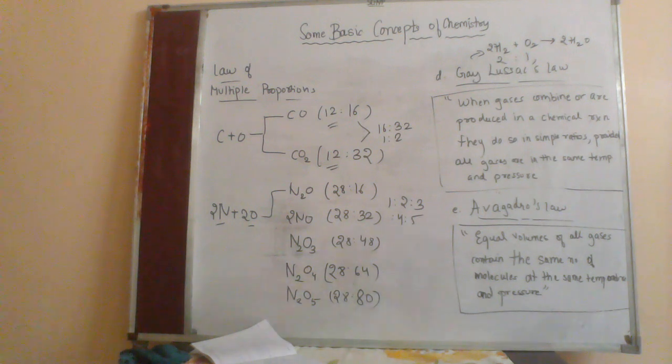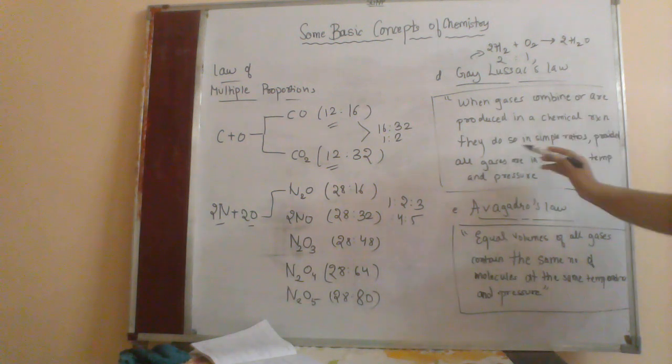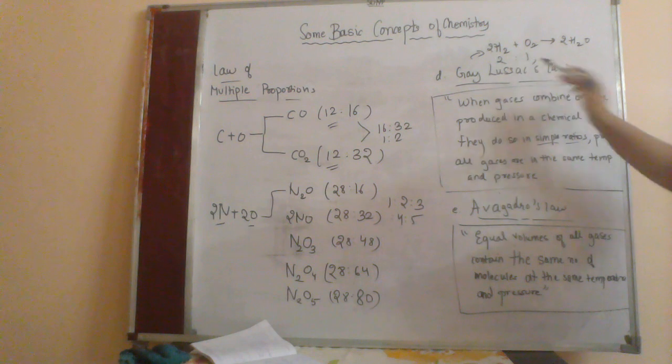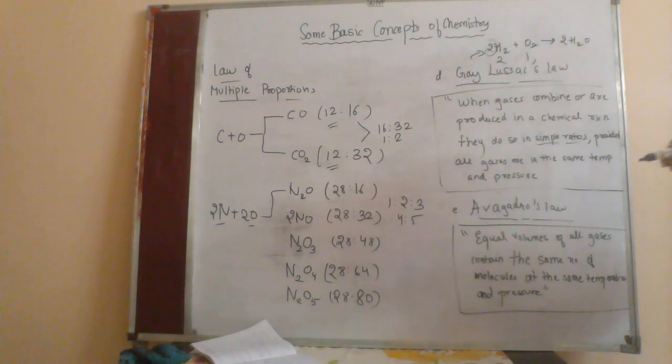So here, this is the example, that is 2H2 plus O2 giving 2H2O. So gases combine in simple ratios, that is 2:1. As you can see, here we are just considering the coefficients. They combine in 2:1 ratio at the same temperature and same pressure.